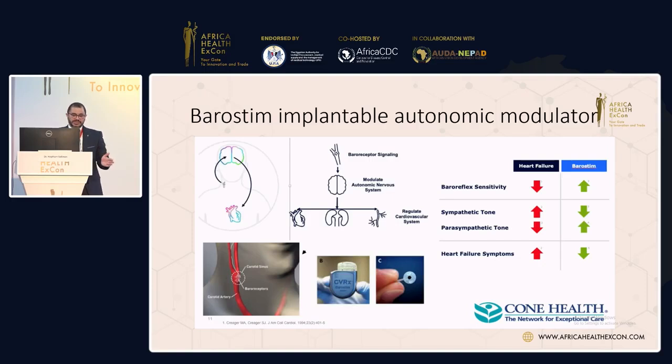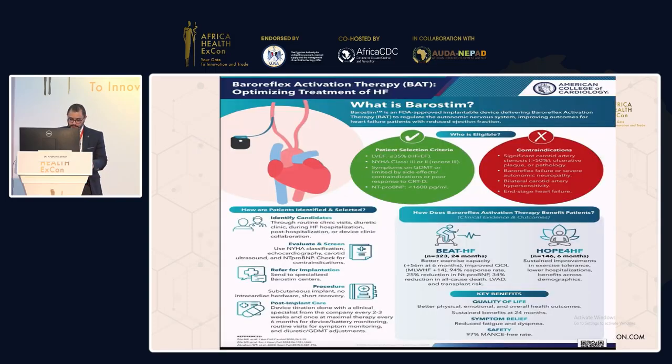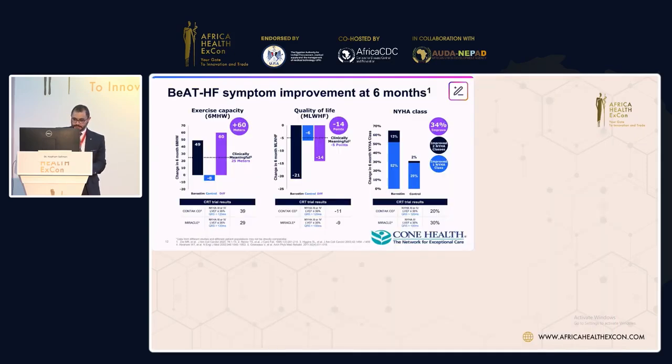This Barostim device can increase the baroreflex sensitivity a little bit, decrease the sympathetic tone, increase the parasympathetic tone, and relieve heart failure symptoms. And we have 2 trials on it, the Read Heart Failure and Hope for Heart Failure, that did improve the patient lifestyle, the 6-minute walk test, and decrease the hospitalization of these patients.